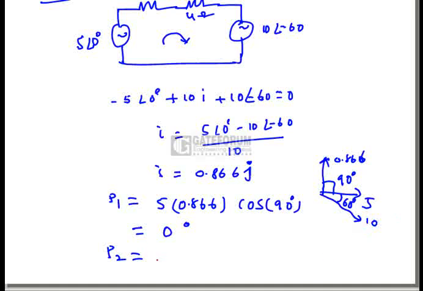So the power delivered here is V1 I1 cos phi, where the voltage is 10 and the current is 0.866, and the power factor cos phi is cos of 90 plus 60, that means cos of 150 degrees. If we solve this, we get the power 7.5 watts. So P1 equals 0 and P2 equals 7.5 watts. So the option is C.